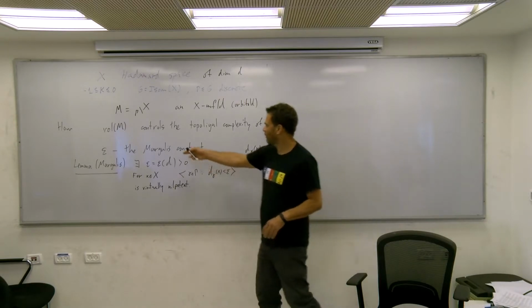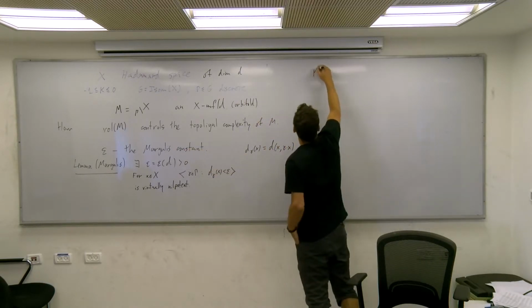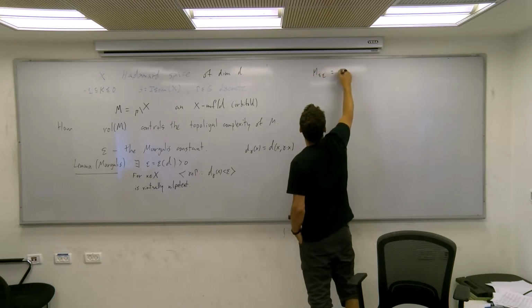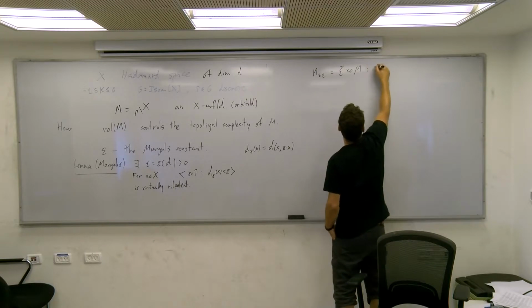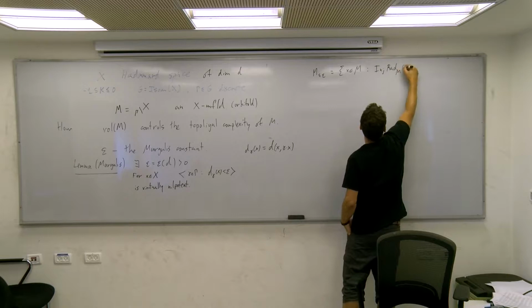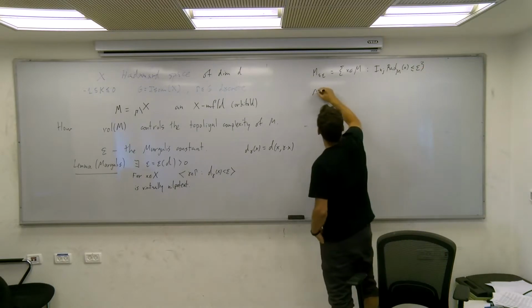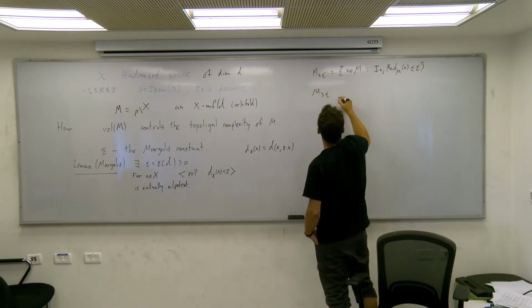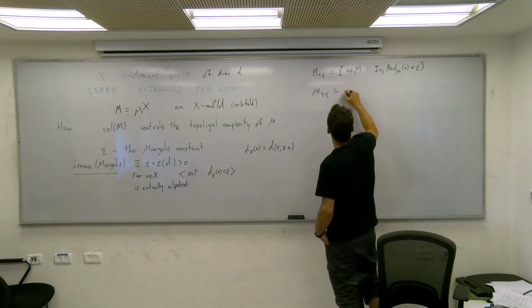So this is the Margulis constant, and then there is the thick-thin decomposition. M less than epsilon is the set of all x in M such that the injectivity radius in M of x is less than epsilon, and M greater than epsilon is M minus that.